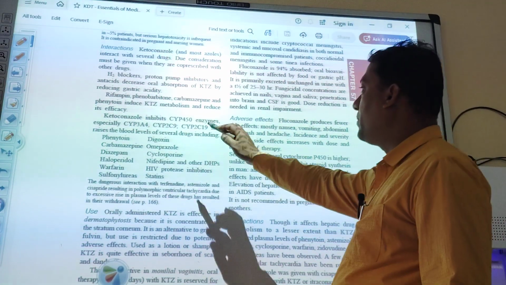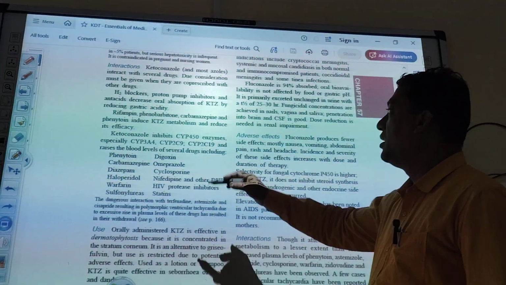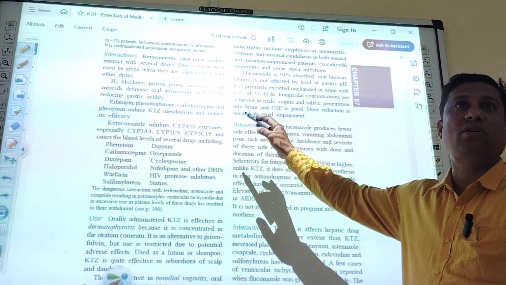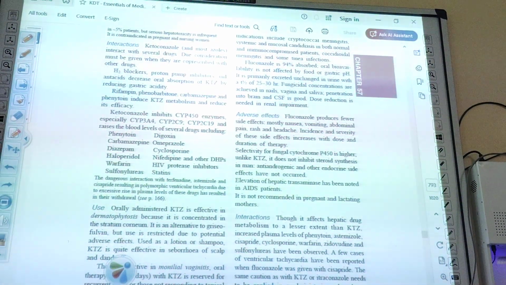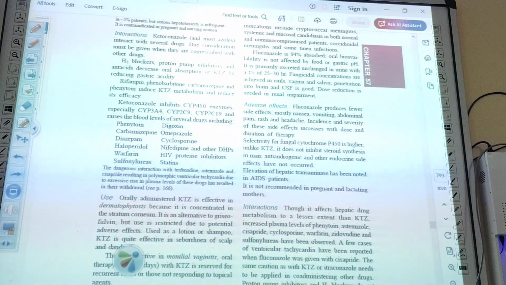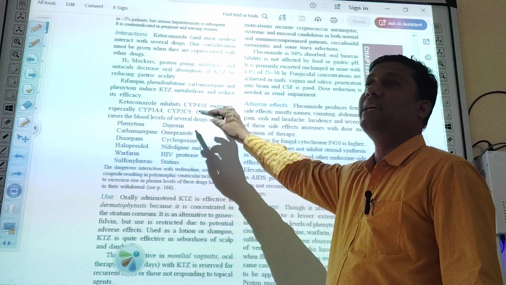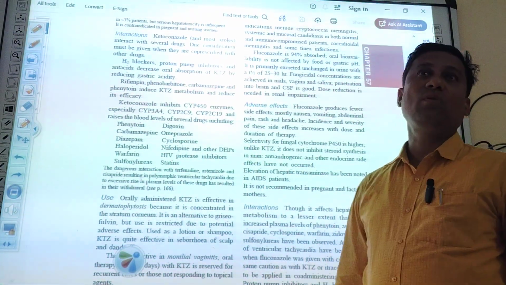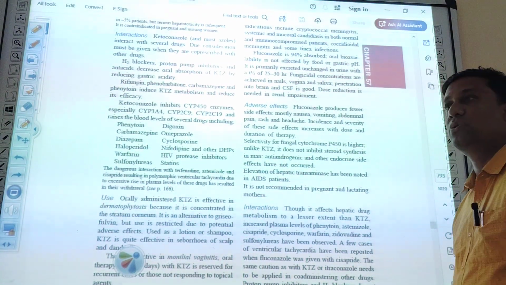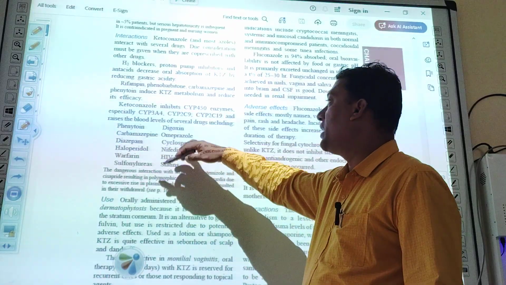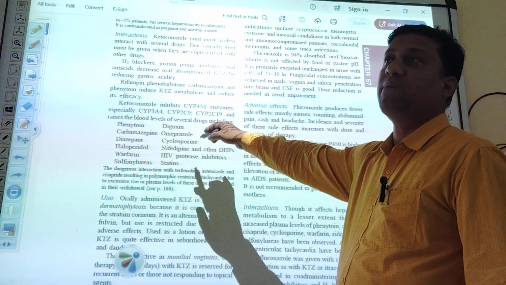When ketoconazole is administered simultaneously with these drugs, it raises their blood concentration, because ketoconazole inhibits this enzyme in the liver, so the metabolism will be reduced. If the metabolism is reduced, then the drug concentration in the blood will rise, especially for this type of drugs.